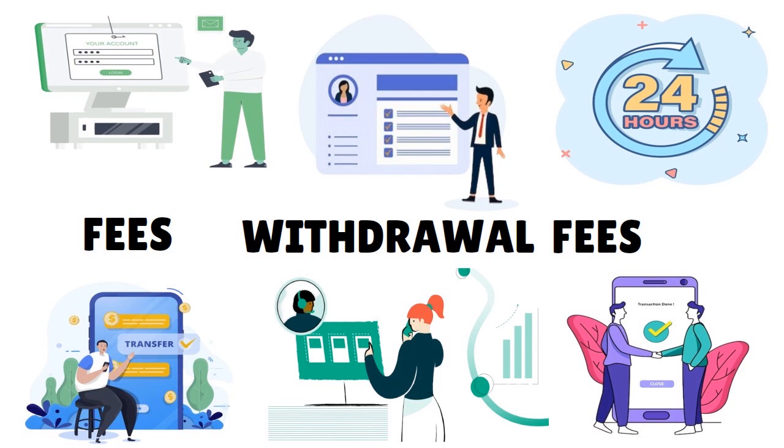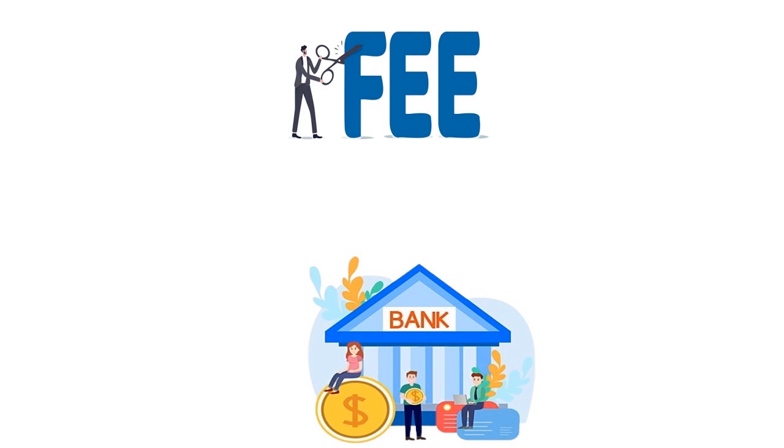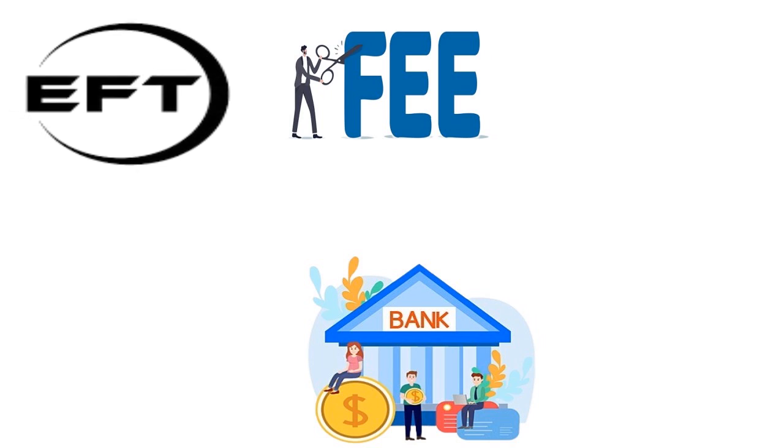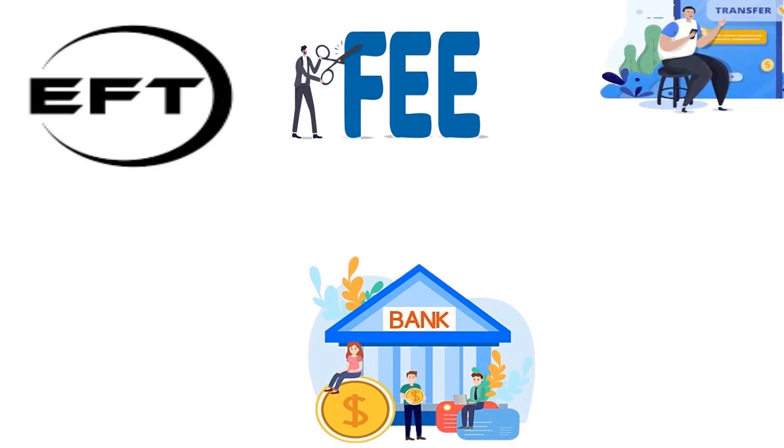When we speak about electronic fund transfer fees, that really depends on your bank. This is what I was just saying a little earlier. You want to see exactly what works for your bank and what doesn't. Depending on your bank, you may have to pay an electronic fund transfer fee, what they call an EFT fee. To find out whether this is the case for you, check with your bank. You also might have withdrawal transfer fees.